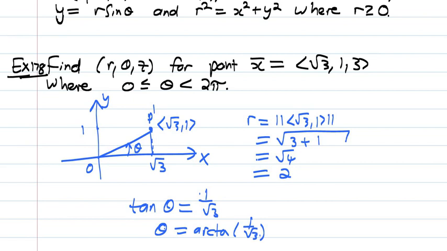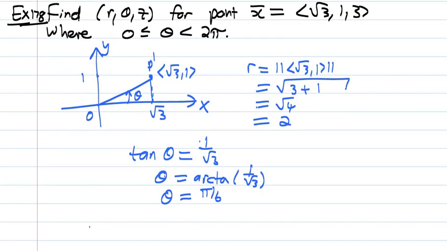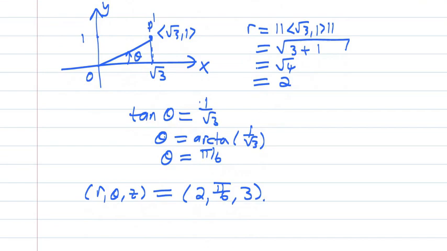This is a special angle, and we don't need a calculator to work it out, and it works out to be pi over 6. Remember, it is in the first quadrant. And so now we can say that the point in cylindrical coordinates, I misspoke, the cylindrical coordinates is the r value is 2, the theta value is pi over 6, and the z value doesn't change, it is 3. So here is an example of moving from rectangular coordinates to cylindrical coordinates, alright?